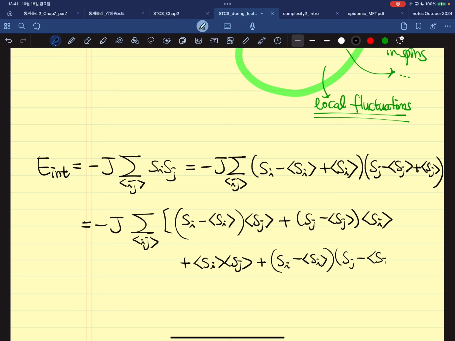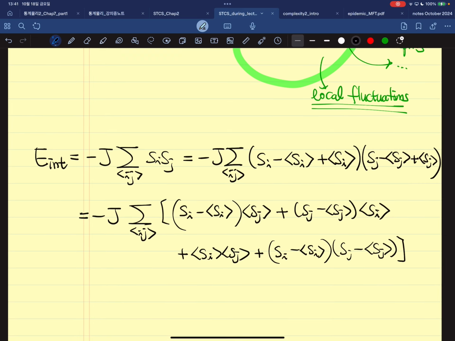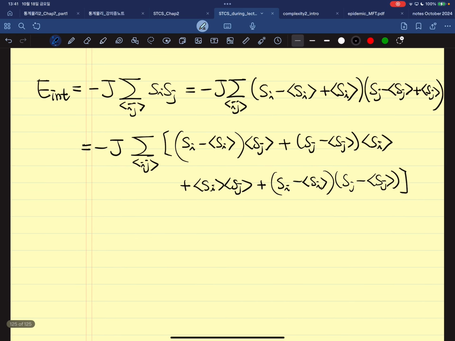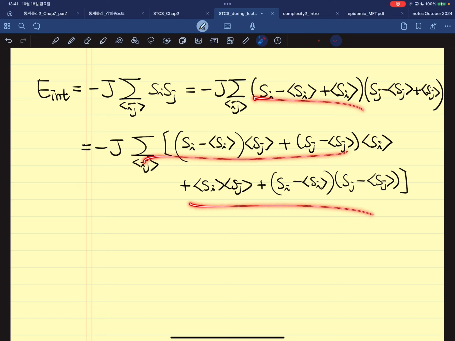It's getting weirder and weirder, but believe me, this will give you some important insight. You can take some time to check if this is really correct, but believe me, it is correct because I just followed the textbook.